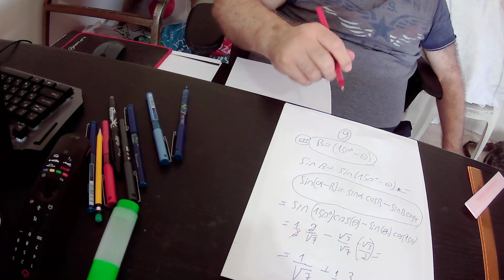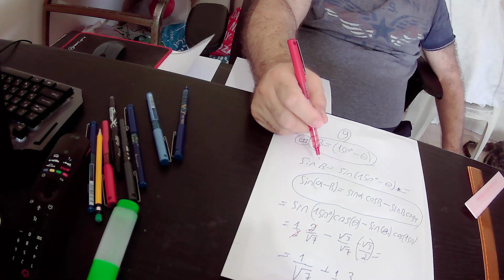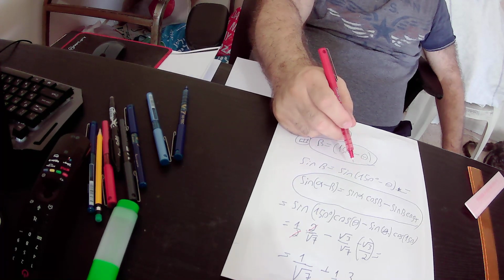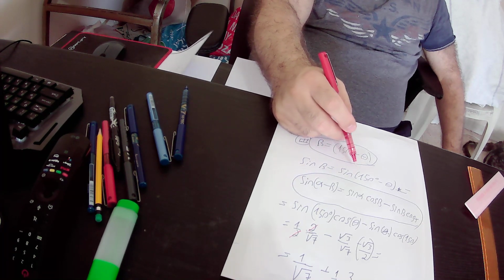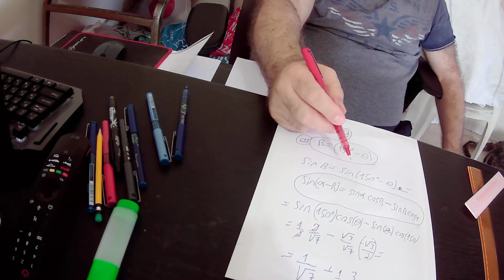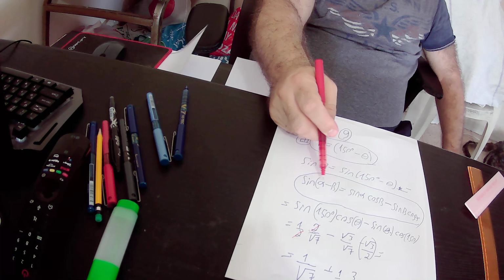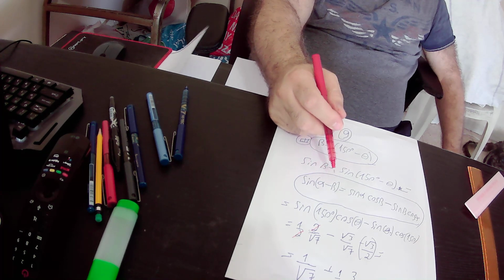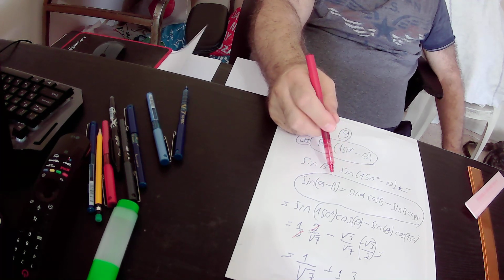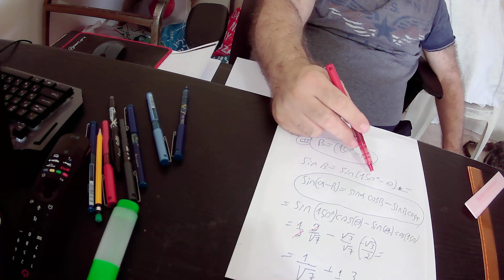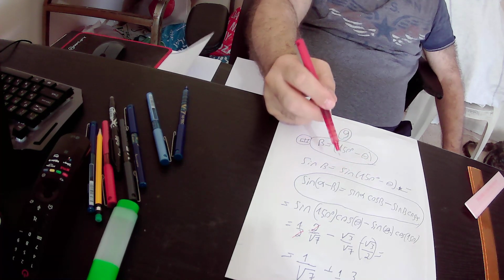Okay, so here we'll calculate the value of sine of 150 degrees minus theta according to this trigonometric identity when alpha equals 150 degrees and theta equals beta.